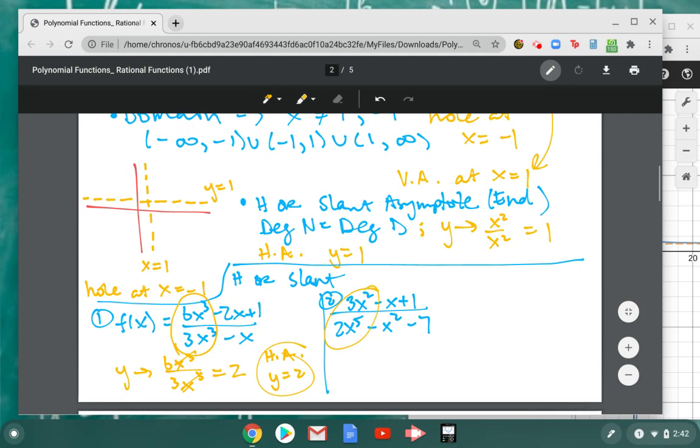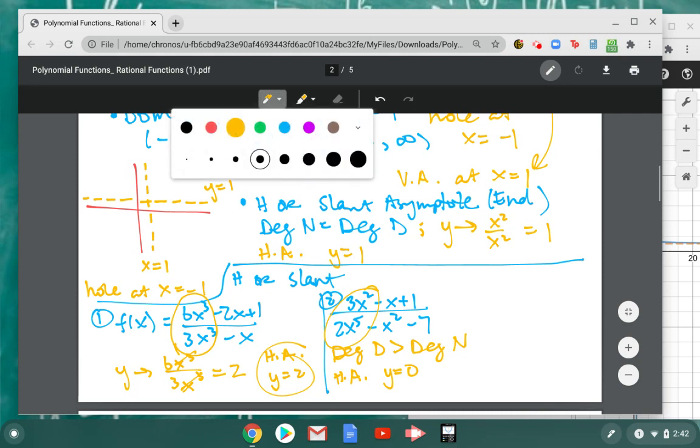My denominator's degree is bigger. So the degree of the denominator is bigger than the degree of the numerator. This tells me that my horizontal asymptote, these are nice because I don't need to do much else, is at y equals 0.